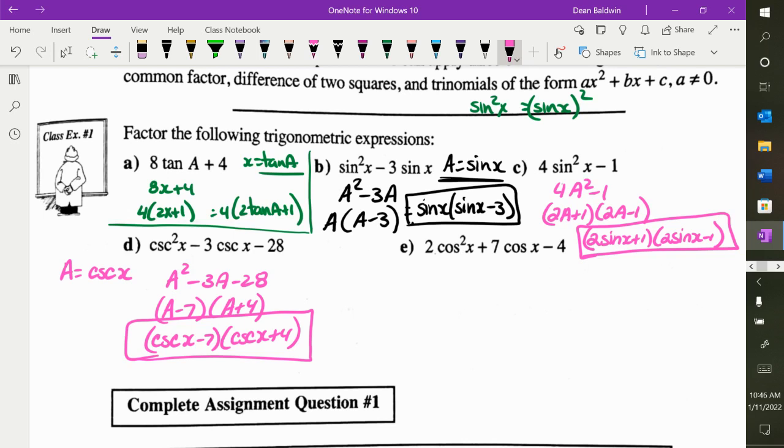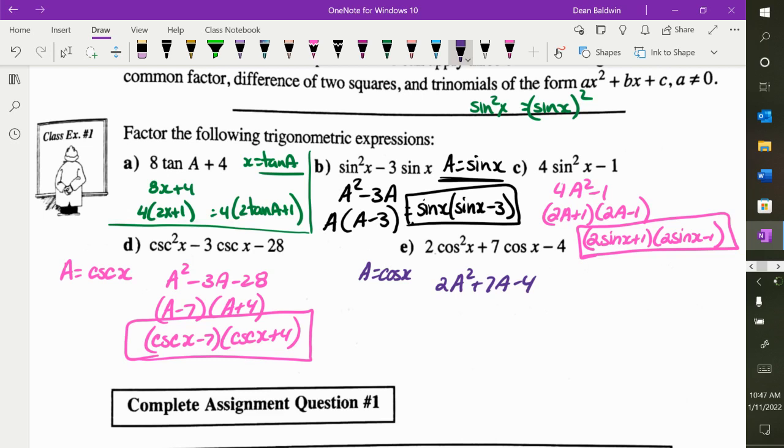Next one. Again, I'll sub out the cosine just so it looks a little better. All right. So, anybody remember how to factor these guys?